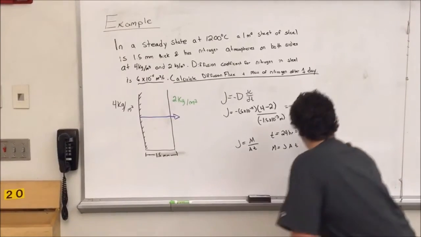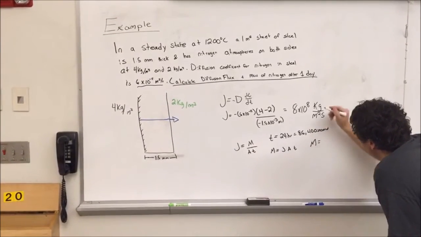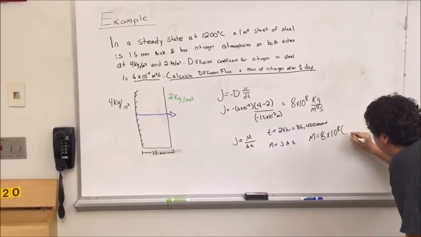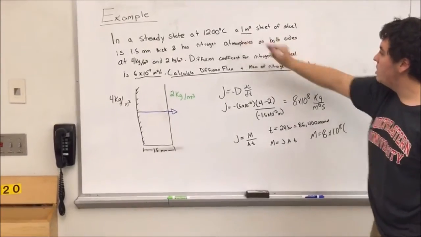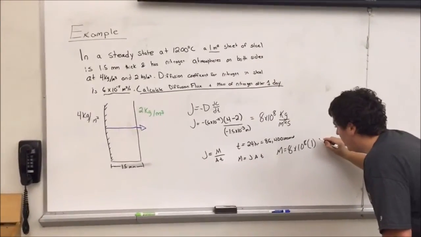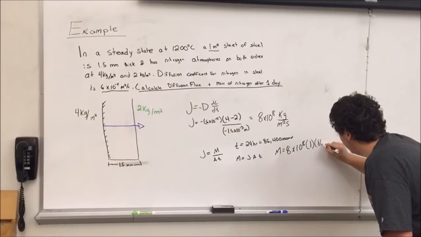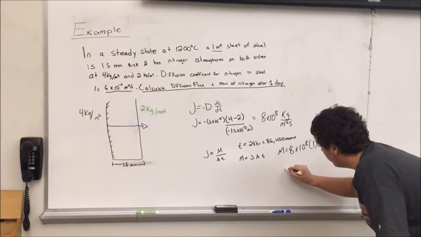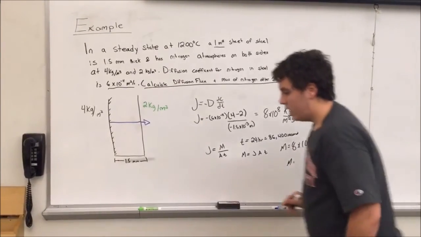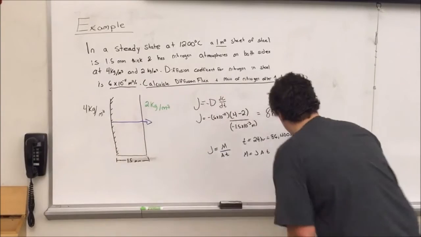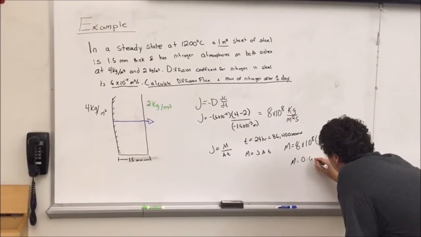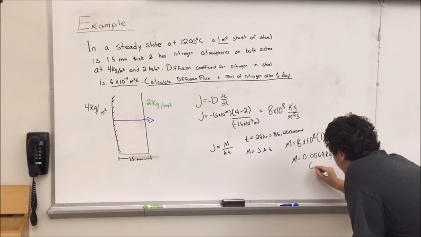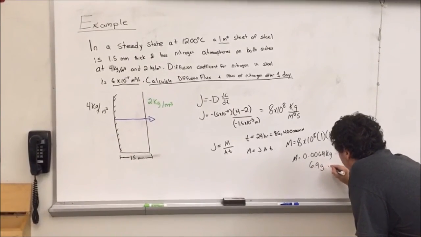So in this case, our mass is going to be equal to the flux we calculated up here, 8 times 10 to the negative 8th, times our area up here, 1 meter squared, so times 1, and then times our time, which is 86,400 seconds. And we're left with a mass that is 0.0069 kilograms, or 6.9 grams of nitrogen.